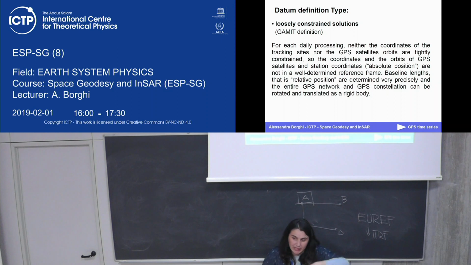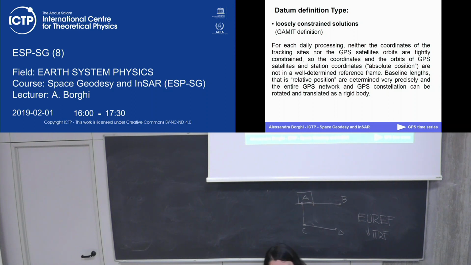But they estimate everything. Okay. At the end, after this, when they compute the baseline, they use this loosely constrained approach.